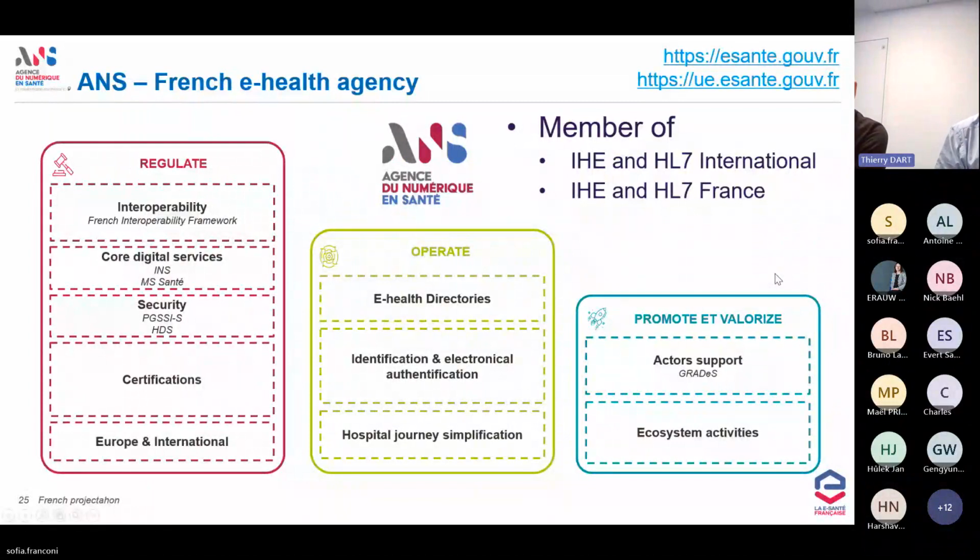The French IHE agency is a national government agency. We have a mission to regulate, and we have two frameworks, one for interoperability and one for security. We are also a member of IHE at level 7, at the international and national level.